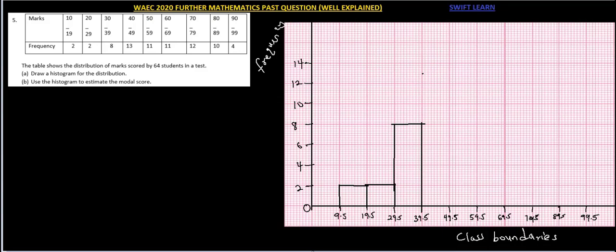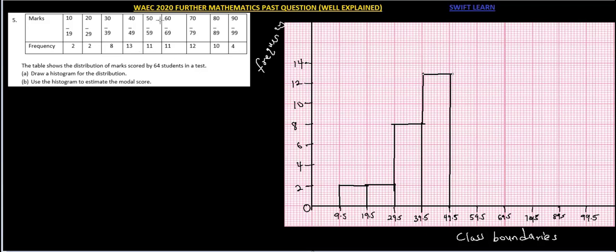Let's mark it out. You start from here, straight down to this point, straight down. So I have something like this.